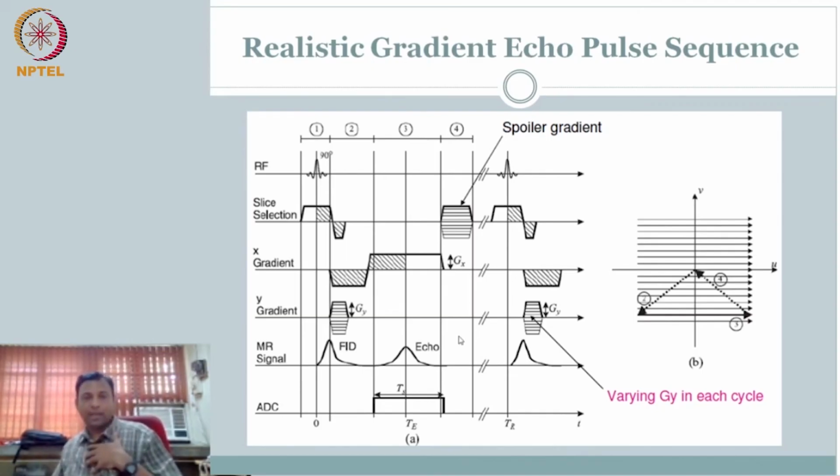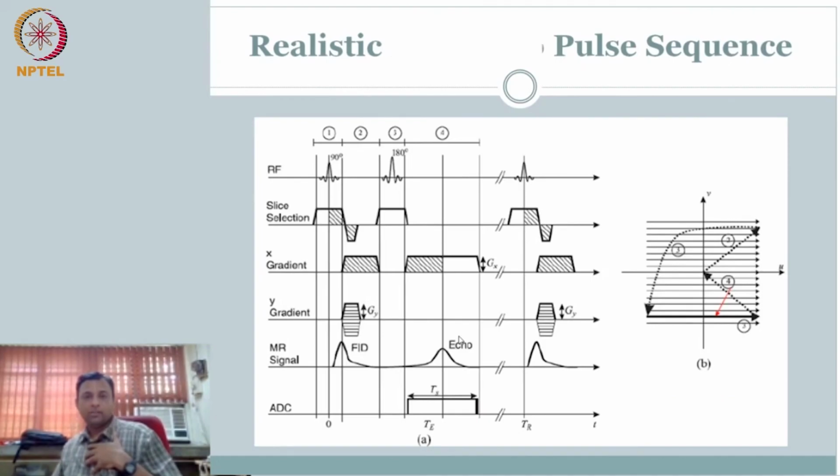So can we do the same exercise for the next sequence? Can you recognize what this sequence is? Well, everything else is the same as the previous slide. What is different here is that this is the echo signal that you are measuring, but in the echo signal I have a 180-degree pulse.